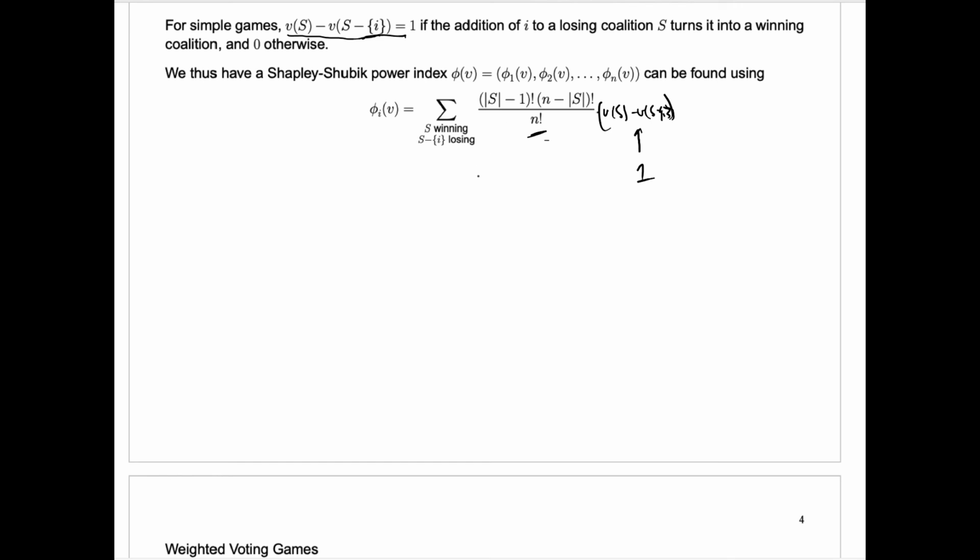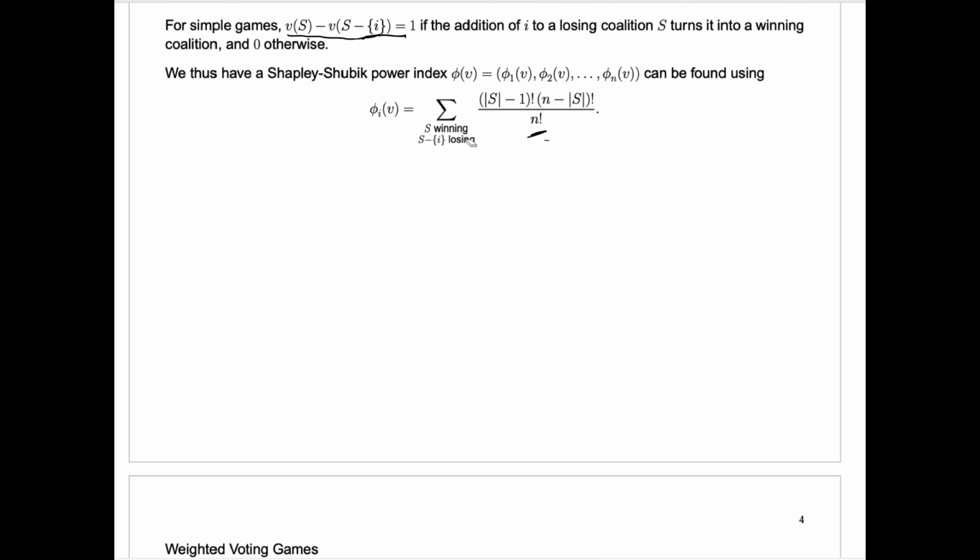So if we had a losing coalition without i and a winning coalition with i, we have this many ways to order the players that came before i, n minus the size of S factorial ways to order the players that came after i, and we're multiplying each by that added value, which is exactly 1. And we're adding those all up, each over n factorial, because we're averaging over the n factorial orderings of the grand coalition.